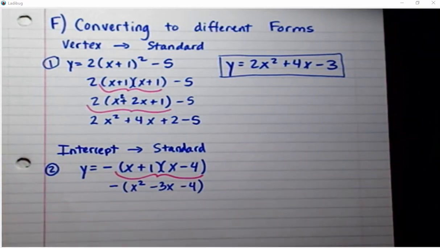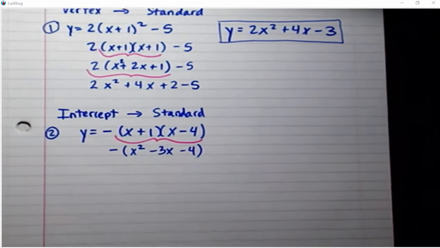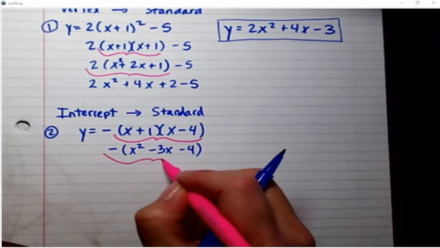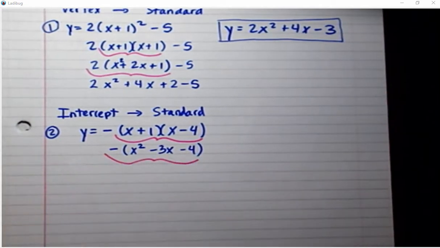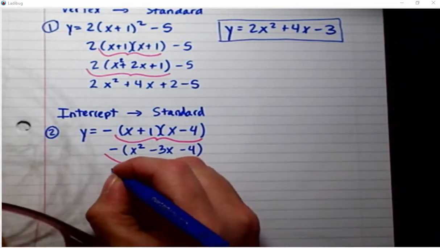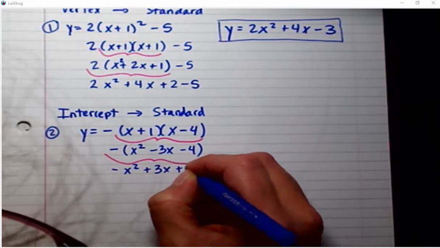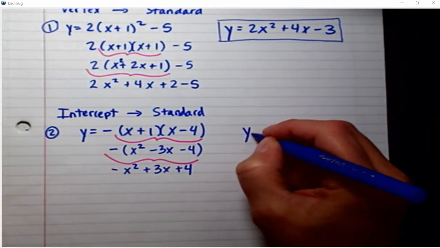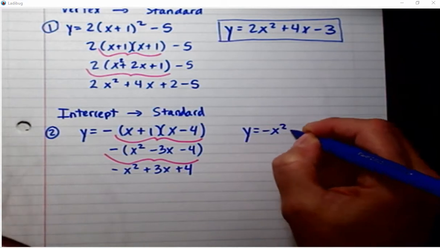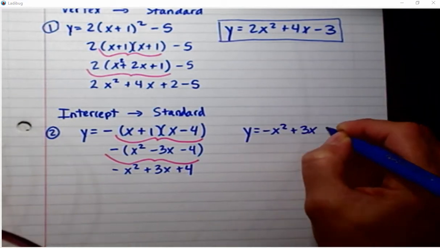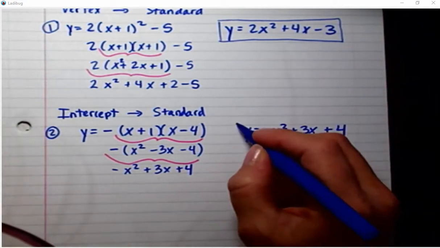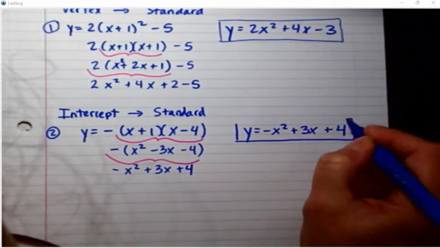Okay, now pick the next two and multiply. Okay, just be careful with those signs. Okay, so standard form. There you go.